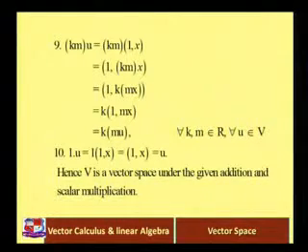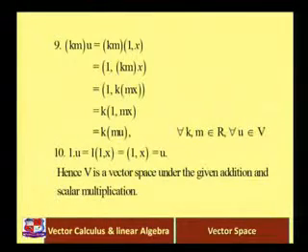So (1, k into mx), k into (1, mx), that is equal to k into (mu). This is also true for all k, m belonging to R and for all u belonging to V. The last condition is the identity for scalar multiplication. 1 into u is equal to 1 into (1, x), so 1 is multiplied with x, and 1 into x is x, so that is equal to (1, x), and that is equal to u.